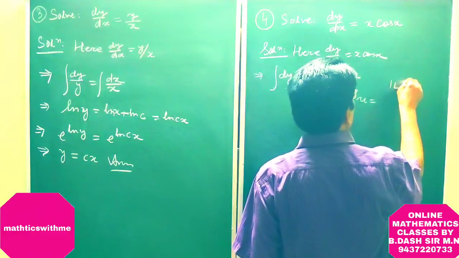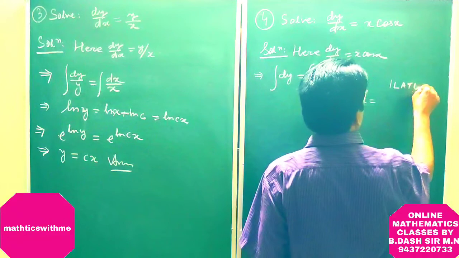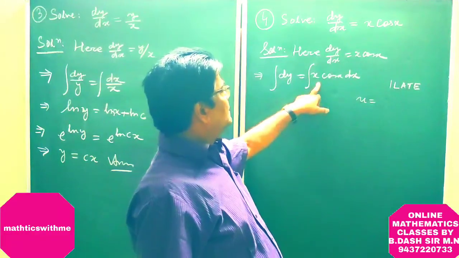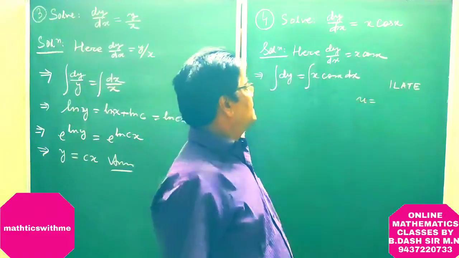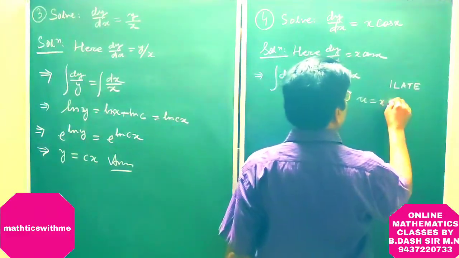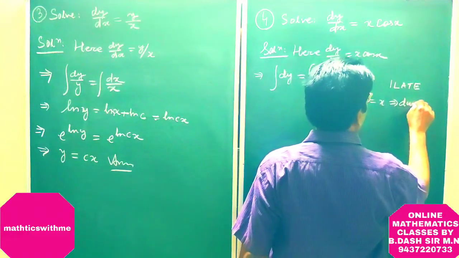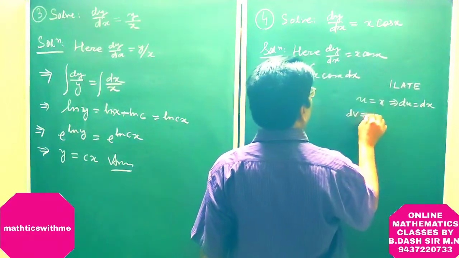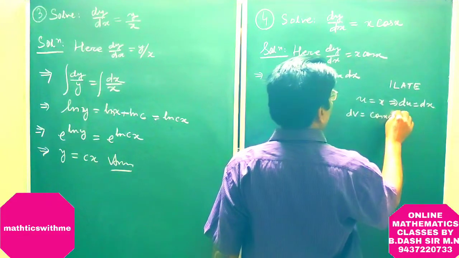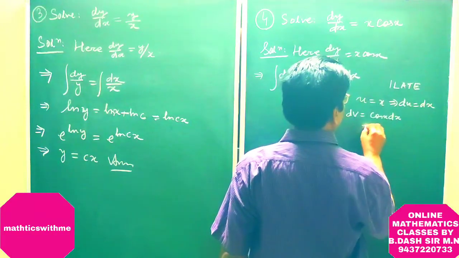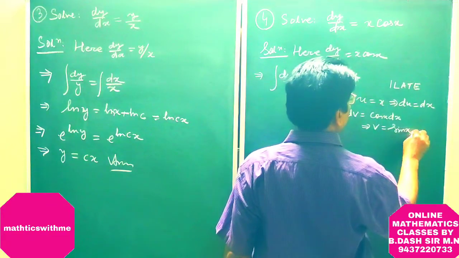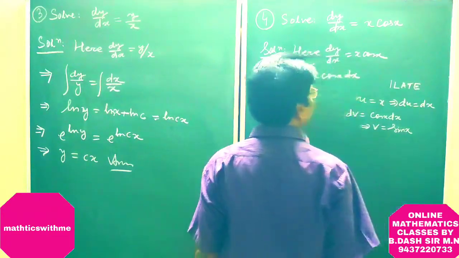So we apply the ILATE formula here. U: no inverse function, no logarithmic function, the algebraic function is here, x. So du is equal to dx. Now dv is equal to cos x dx, which implies v is equal to the integration of cos x, which is sin x.